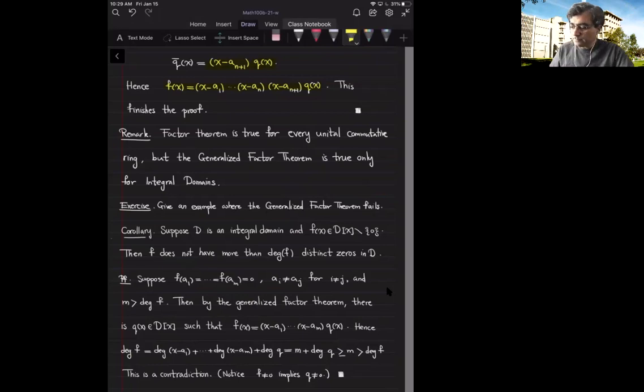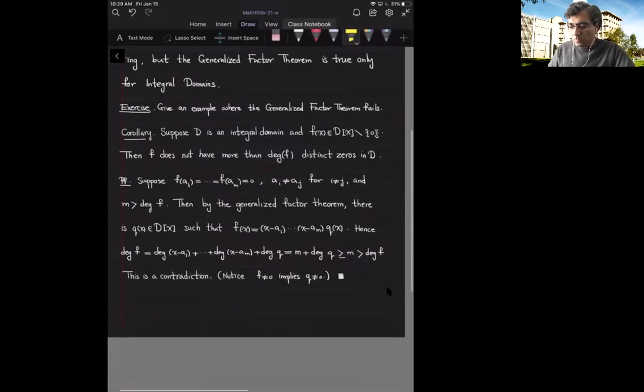Okay, so now an immediate corollary of this is the following: if the ring of coefficients is an integral domain, then a non-zero polynomial cannot have more distinct zeros than the degree of this polynomial.